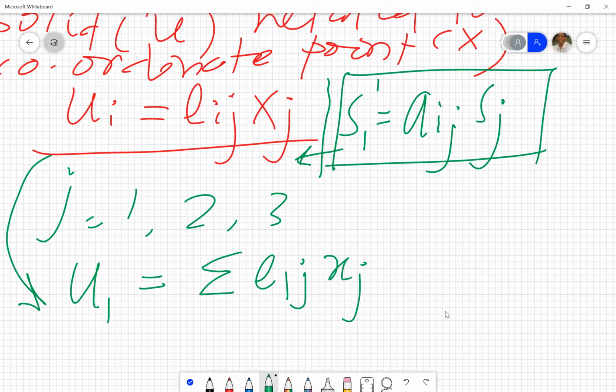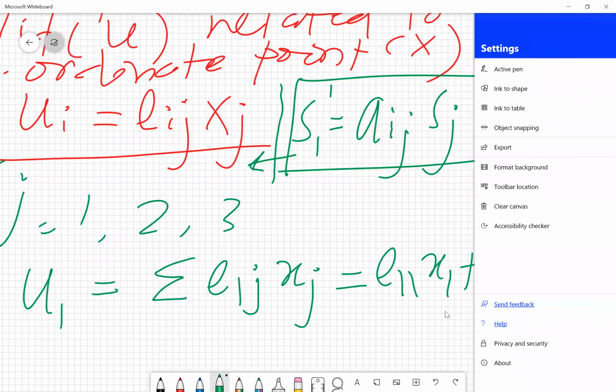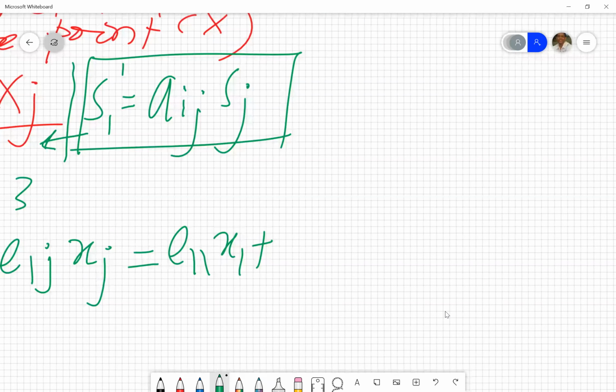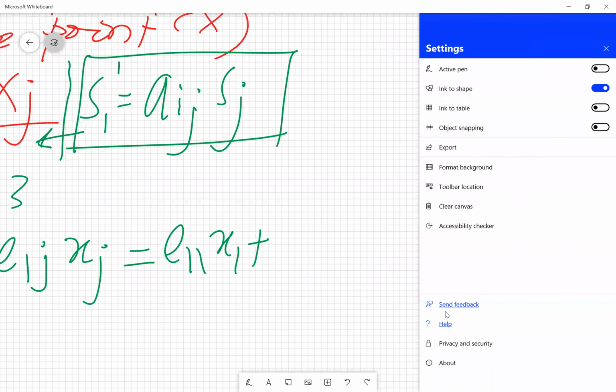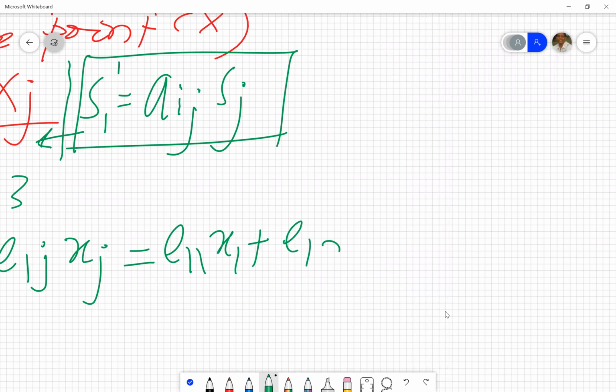Putting j equal to 1, 2, 3, we can write e11 x1 plus e12 x2 plus e13 x3.